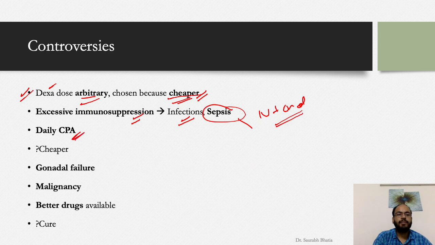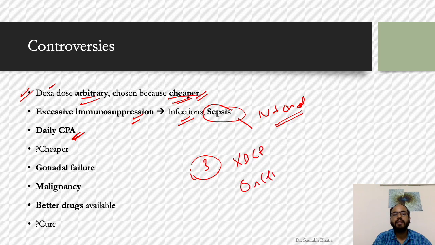Daily cyclophosphamide. This has been a good controversial point: whether to give daily cyclophosphamide orally while the patient is receiving DCP. We have already discussed previously that in phase 3 of DCP, no DCP is given, only oral cyclophosphamide is continued.